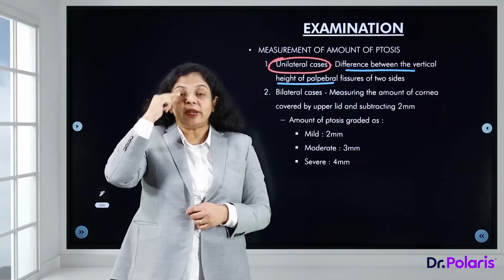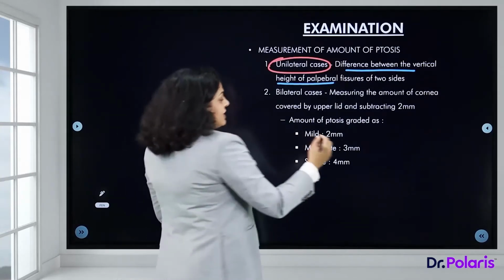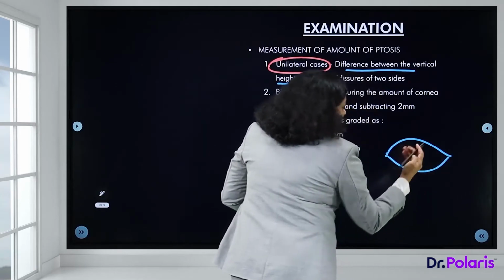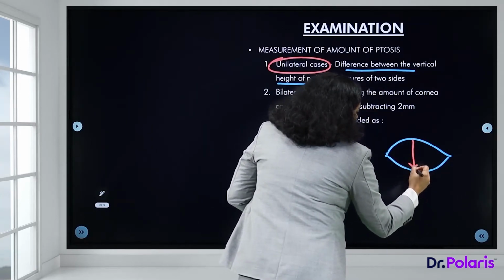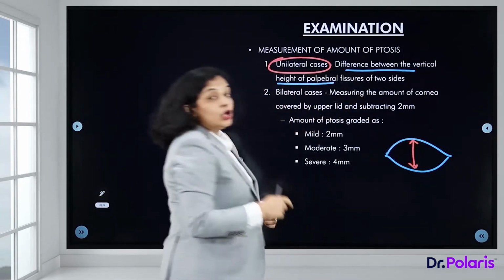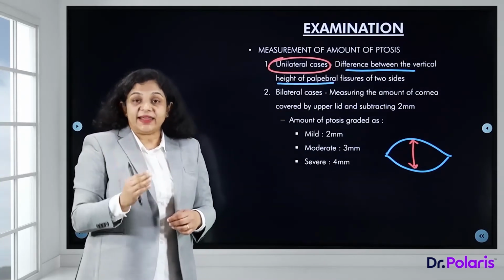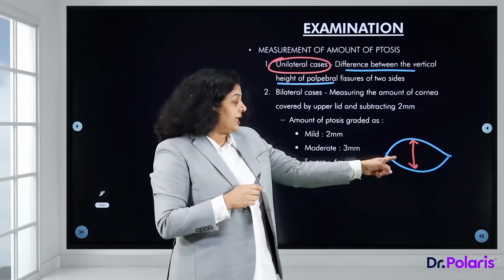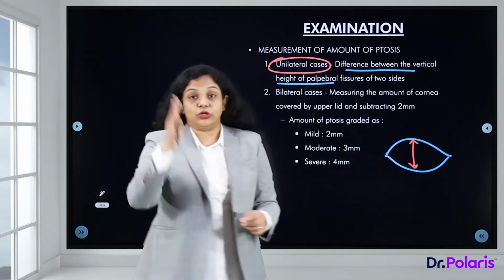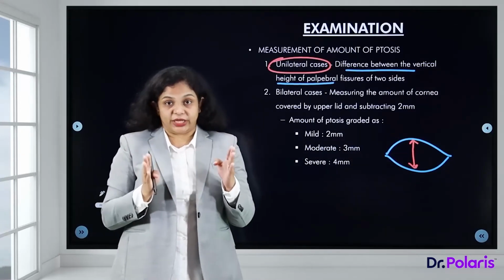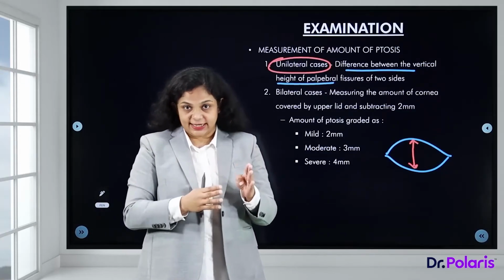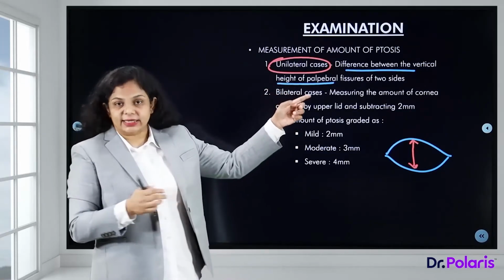Okay, so normal palpebral fissure, if this is your eye, this is the vertical height that we are trying to measure. Normally this is about 10 to 11 millimeters. So you are comparing the vertical height of the palpebral fissure of the normal eye as well as the ptotic eye, according to which you are finding out how much ptosis is there. This is in a unilateral case.